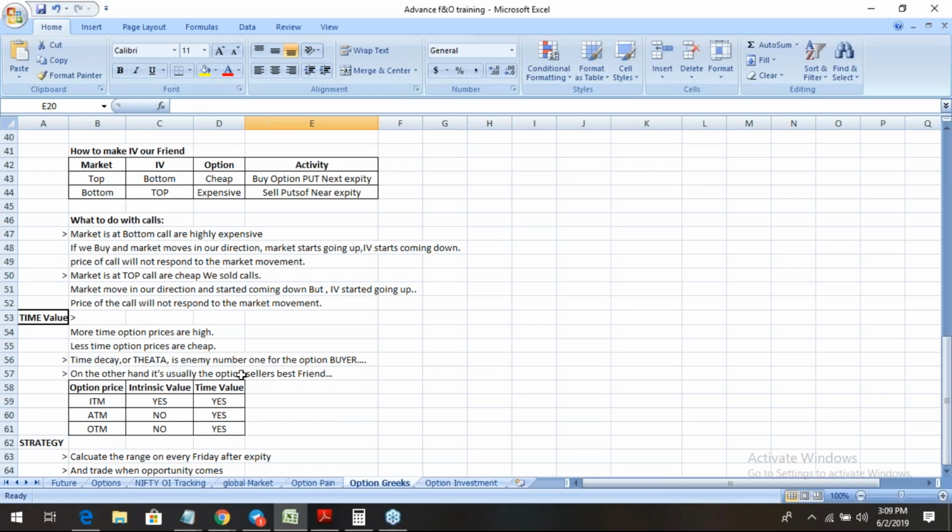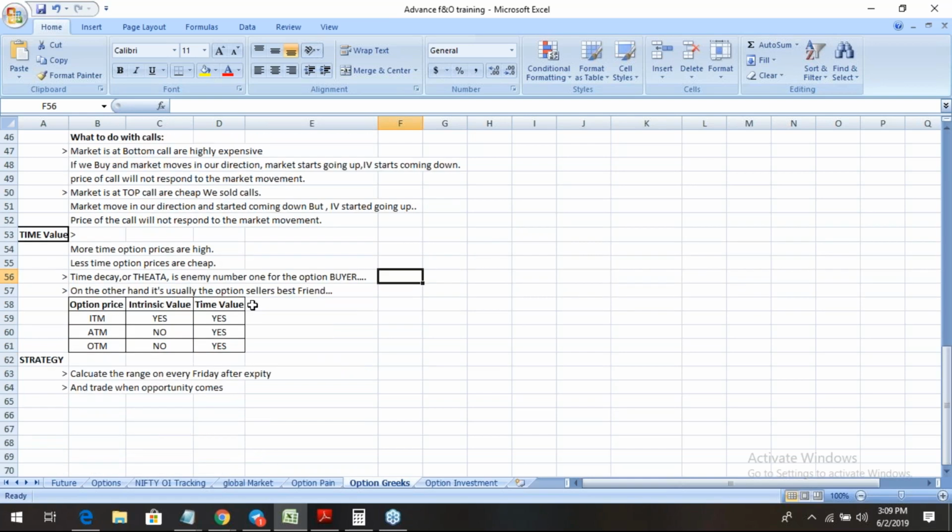Time decay or theta is enemy number one for the option buyer. In simple terms, I have written down: theta is our enemy, right? On the other hand, it's usually the option seller's best friend, because if you don't have time, your premium goes down.